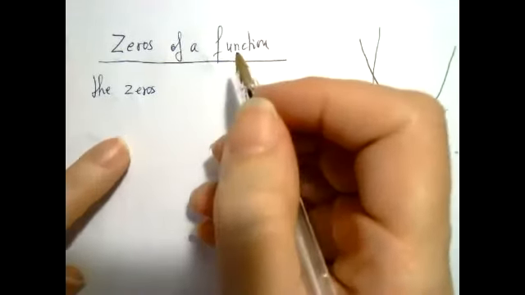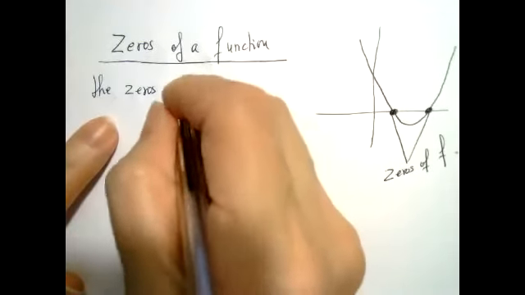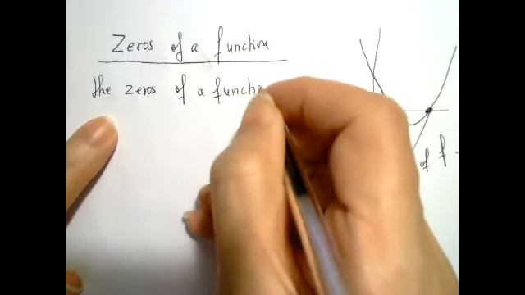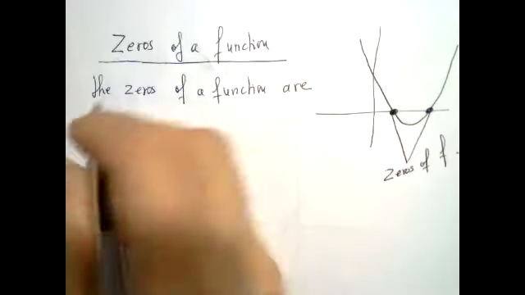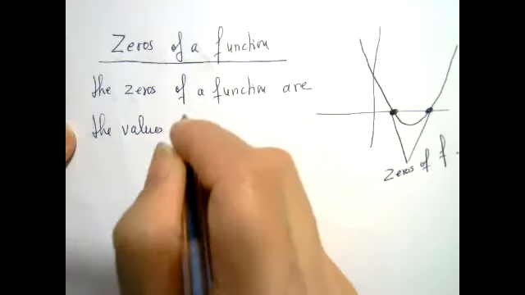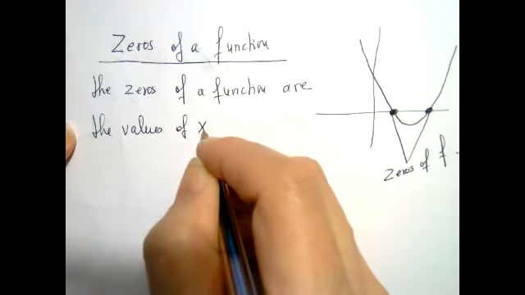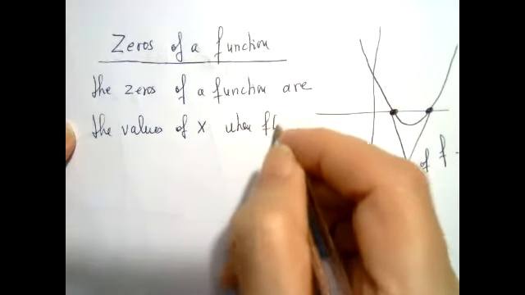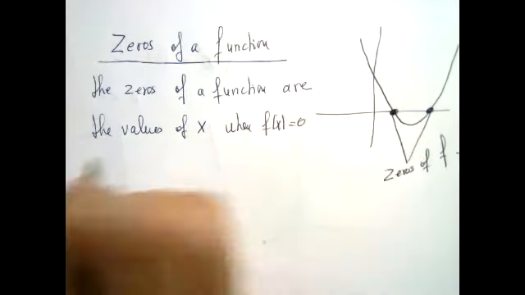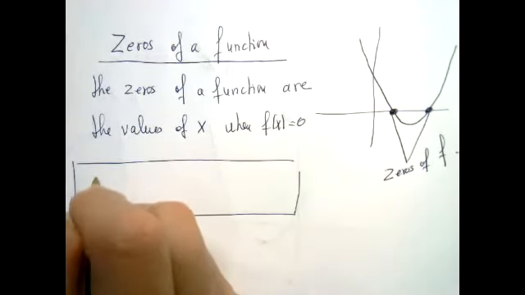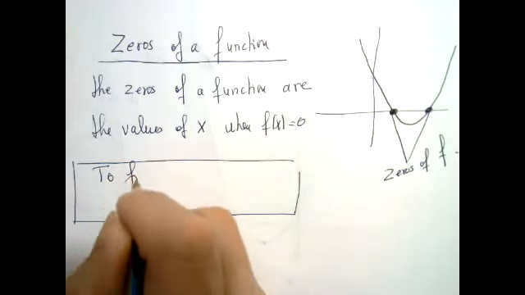So the zeros of a function are the values of x when f of x is equal to 0. To find them is very easy.